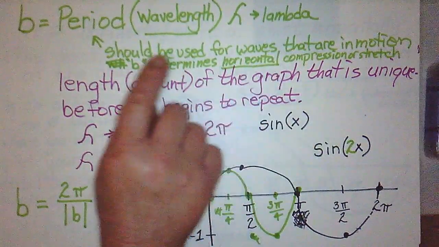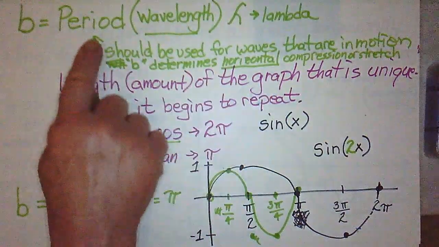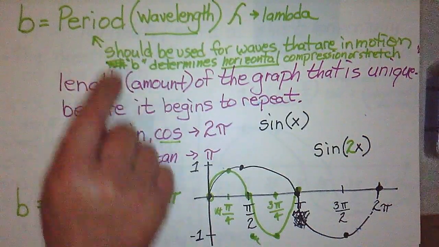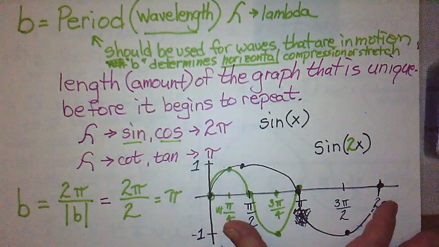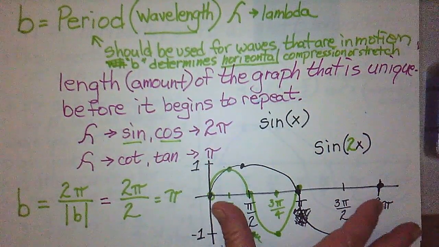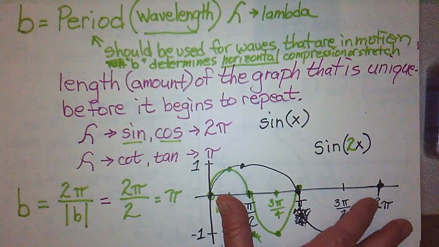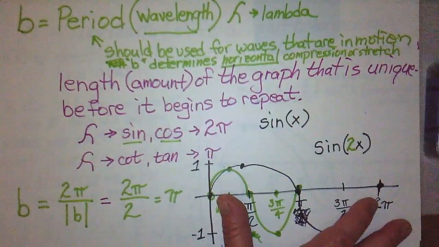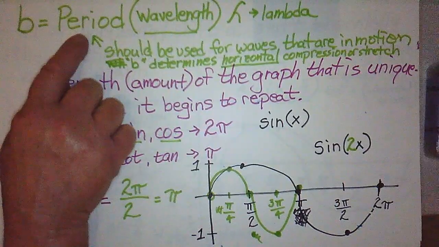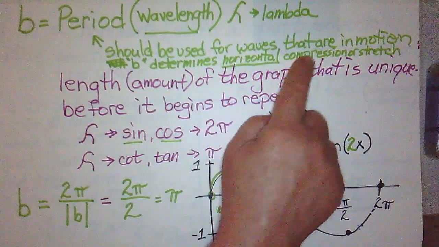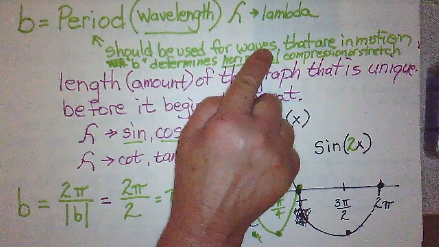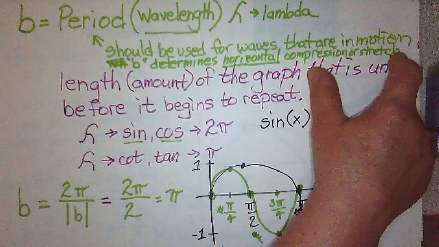I just want to make it clear that although many math teachers use the word period to describe this length of a sine wave or a cosine wave or a tangent or a cotangent wave, the word period should really only be used in sciences such as physics, where the waves are in motion.